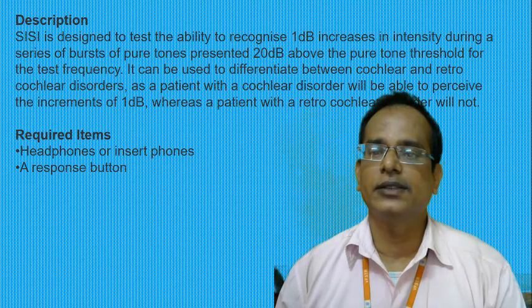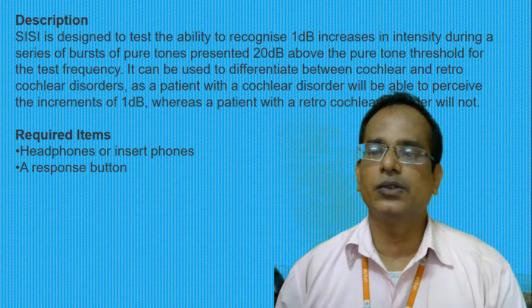SISI is designed to test the ability to recognize 1 dB increases in intensity during a series of bursts of pure tones presented at 20 dB above the pure tone threshold for the test frequency.